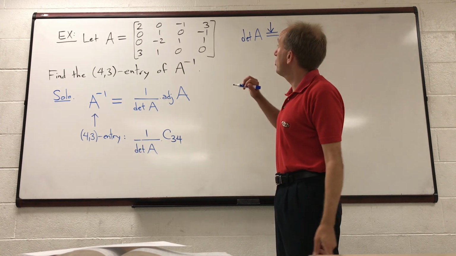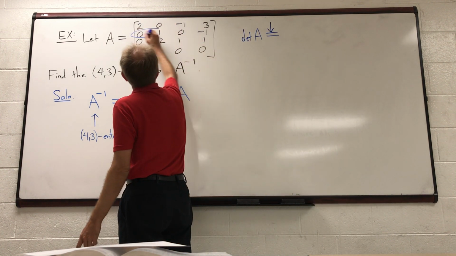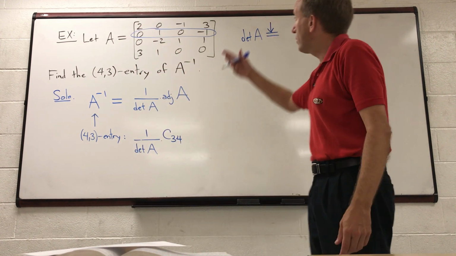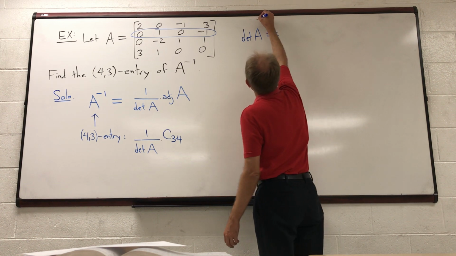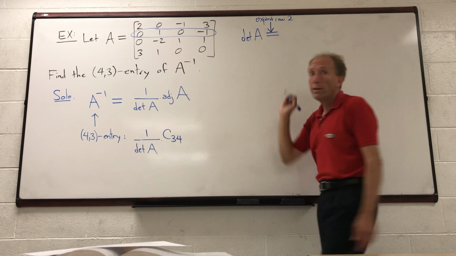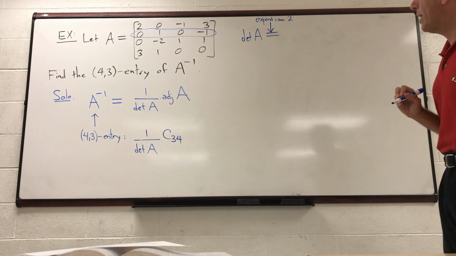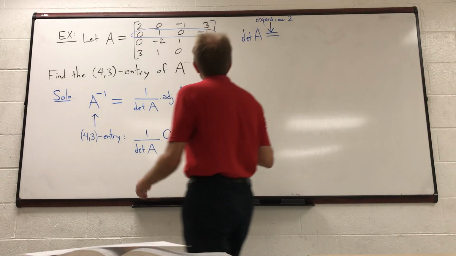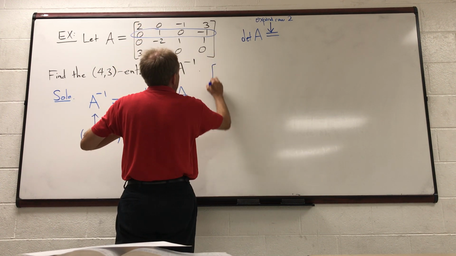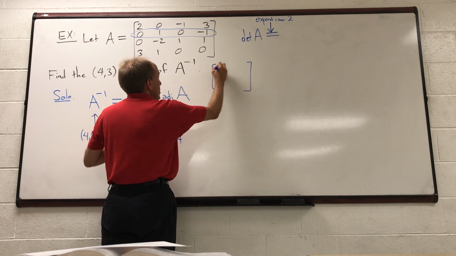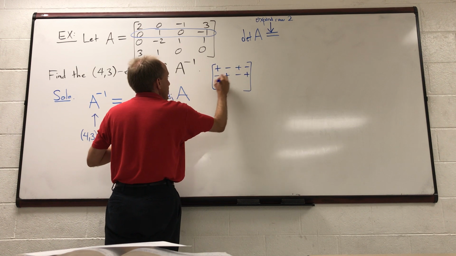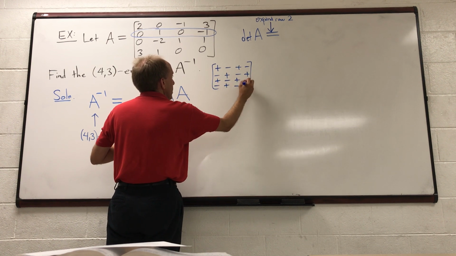Row 2? There are lots of choices actually, but I would choose a row or a column that has a lot of zeros in it. So the second row would be good. I'm going to write right here, expand row 2, to remind myself. The other thing you need to remember about cofactors is that they alternate signs. We have this plus-minus pattern.